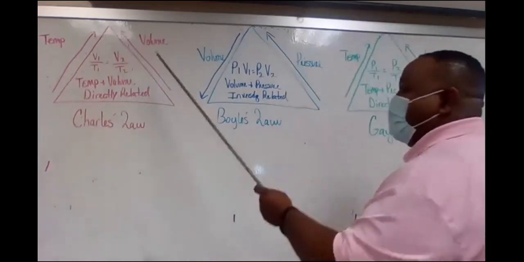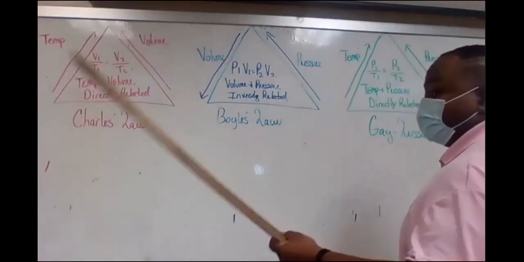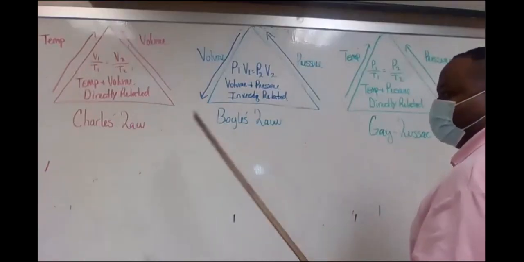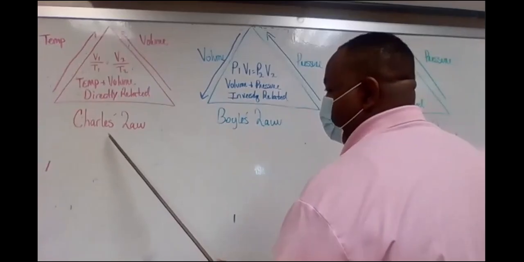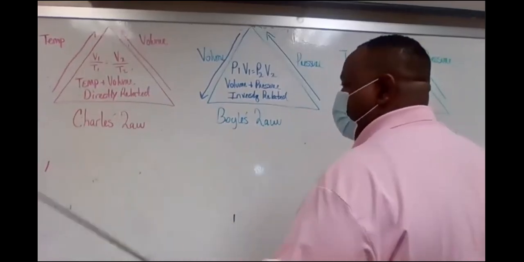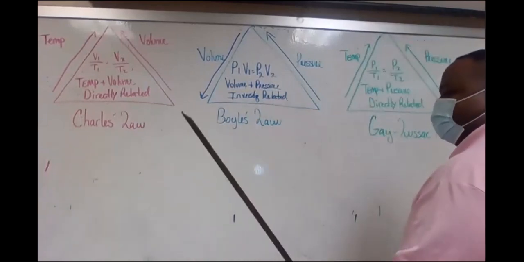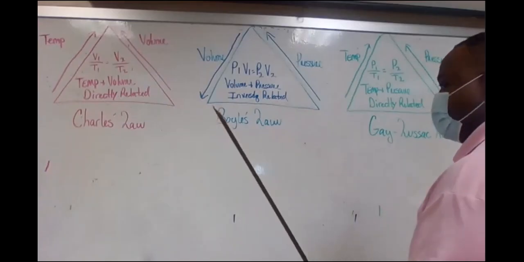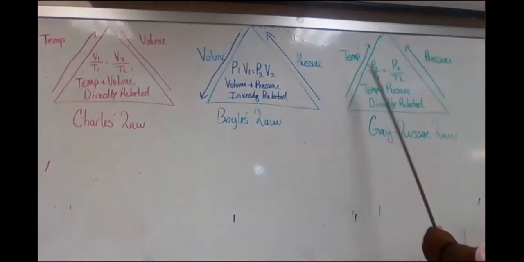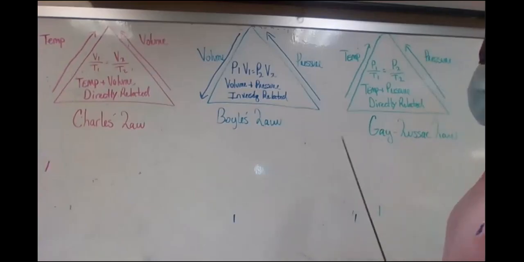Mass, that's what it is, mass are constant. But I said, when I get to the notes, I'll show you what's constant. What you need to know is that when you're talking about Charles's law, temperature and volume are directly related. They go the same way. Boyle's law says that volume and pressure are indirectly related. They go opposite ways. And Gay-Lussac says that temperature and pressure are directly related. They go the same way.